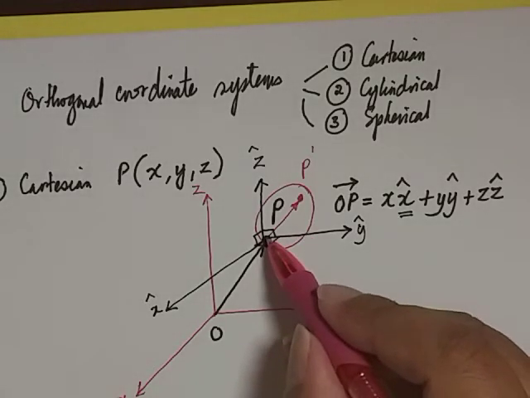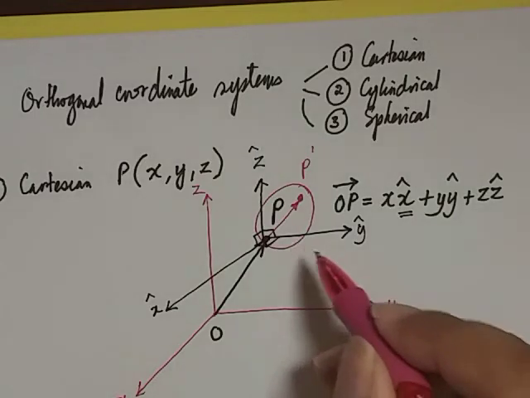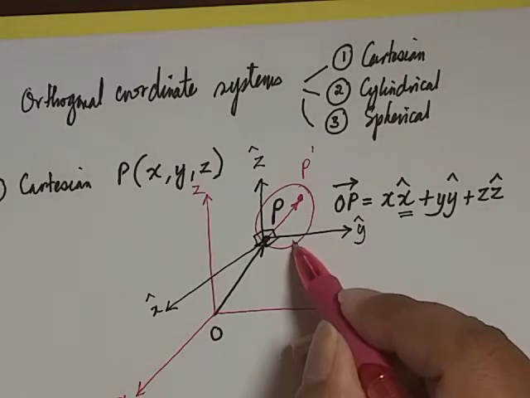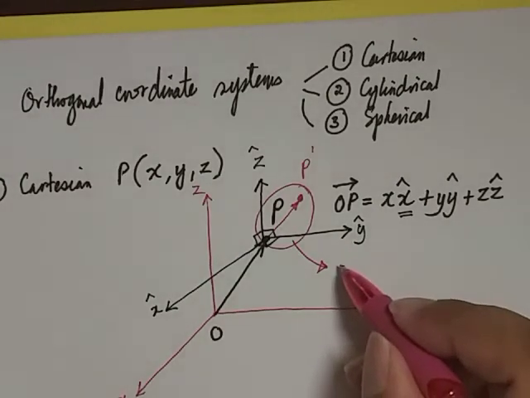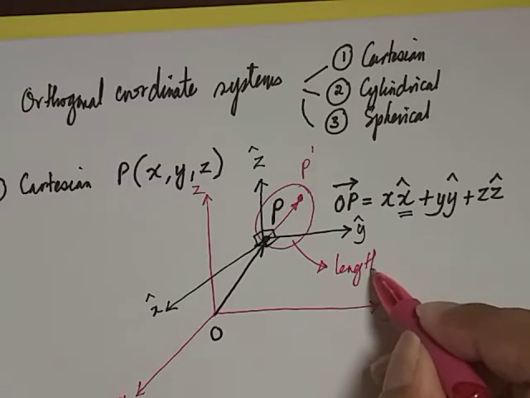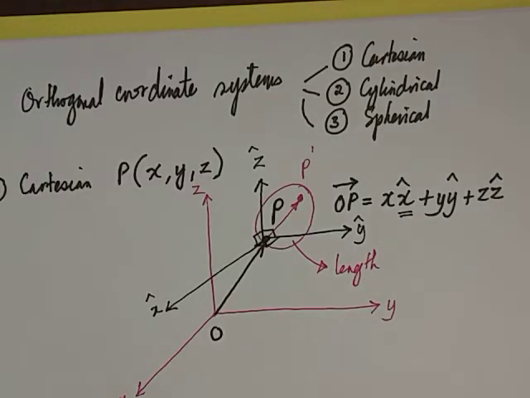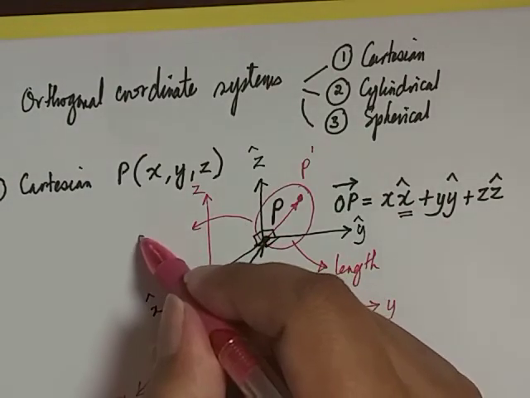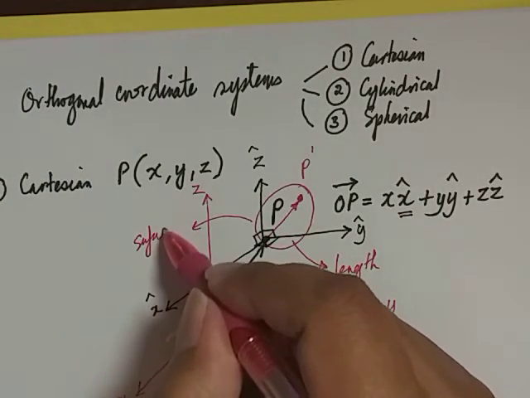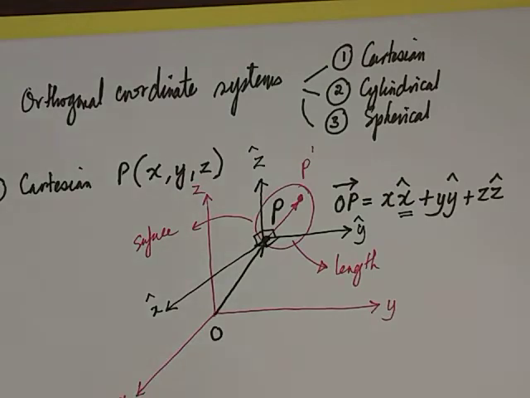When the point P moves to point P prime, three parameters are going to be affected. First, it's going to affect the length factor. The second parameter is the surface around the movement of point P to P prime.